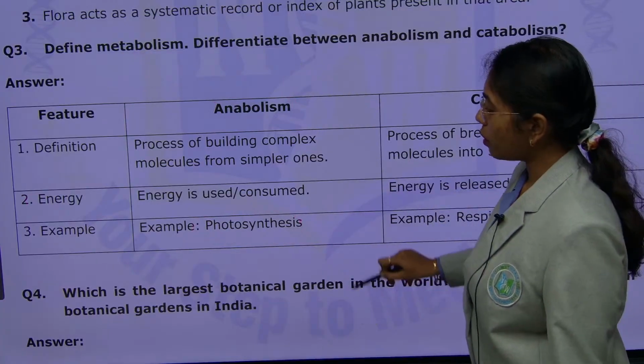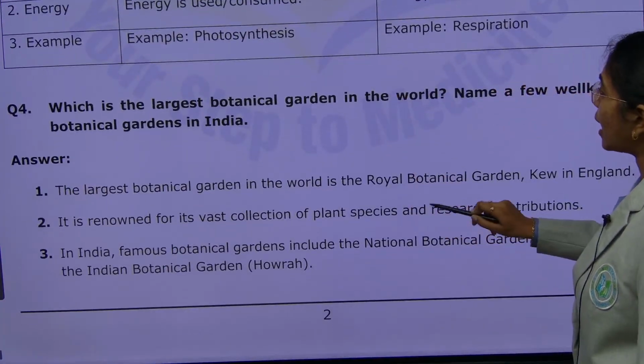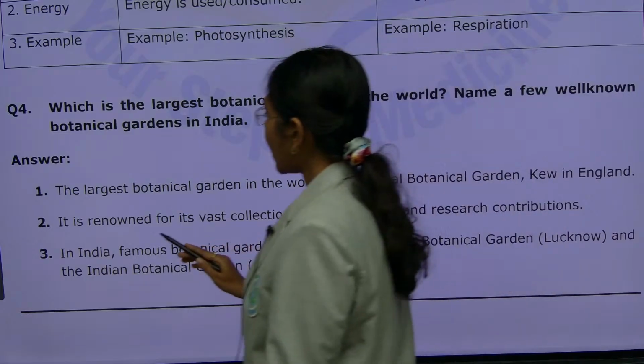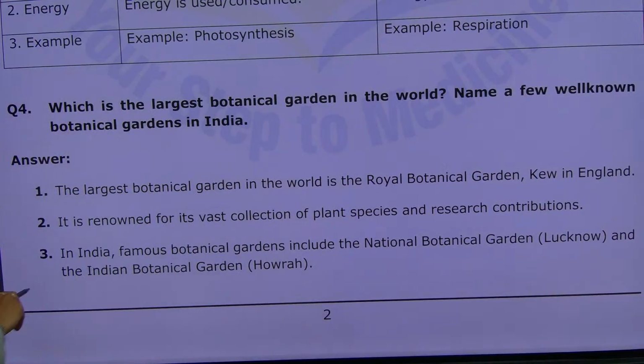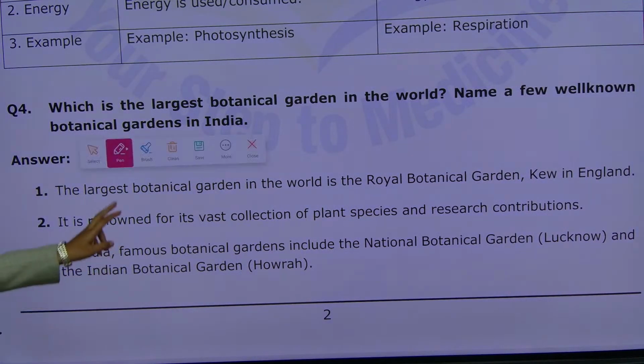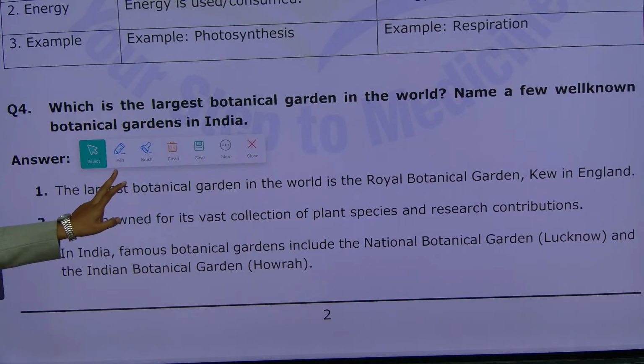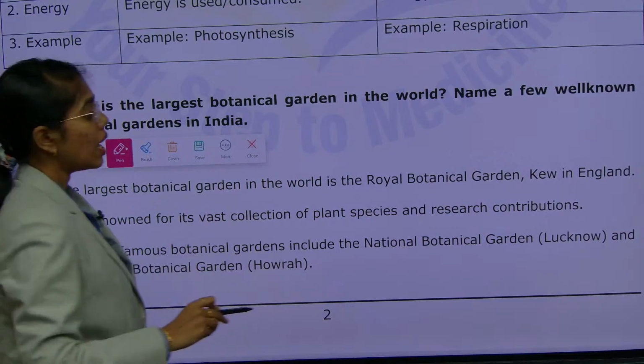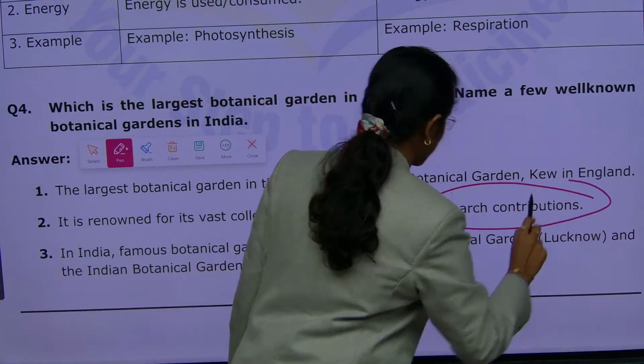Next question: what is the largest botanical garden in the world? Name a few well-known botanical gardens in India. The largest botanical garden in the world is the Royal Botanical Garden, Kew in England. It is renowned for its vast collection of plant species and research contributions.